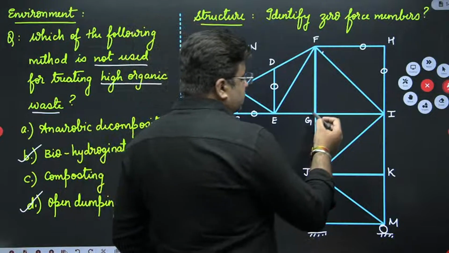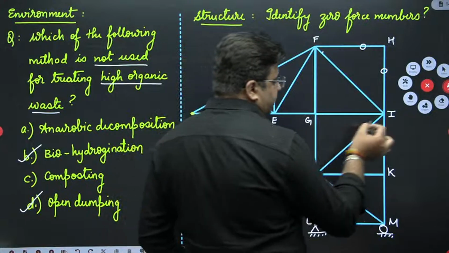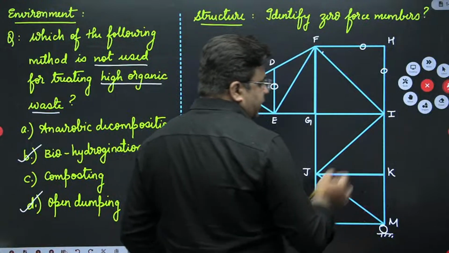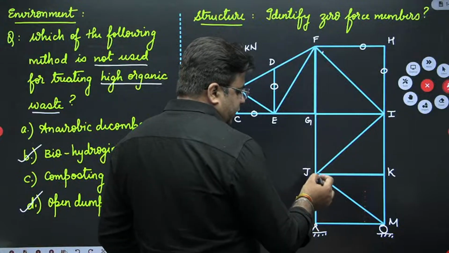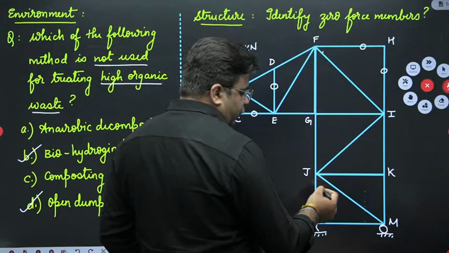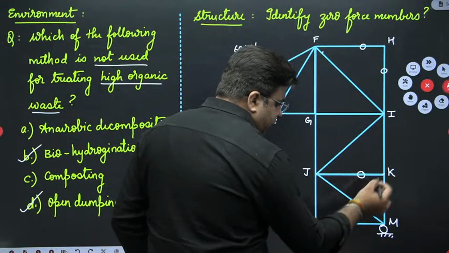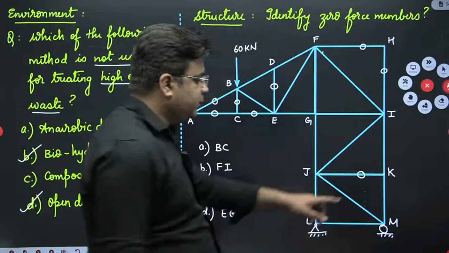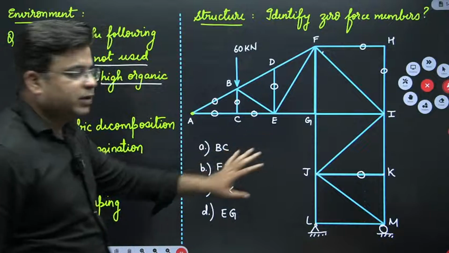At joint G, 4 members are meeting, so no zero force member. Same goes for joint I, where 4 members are meeting. Joint J again has 5 members meeting. But at joint K, this member is not in line with the other two members, so it becomes a zero force member. So these are all the zero force members present in this structure.